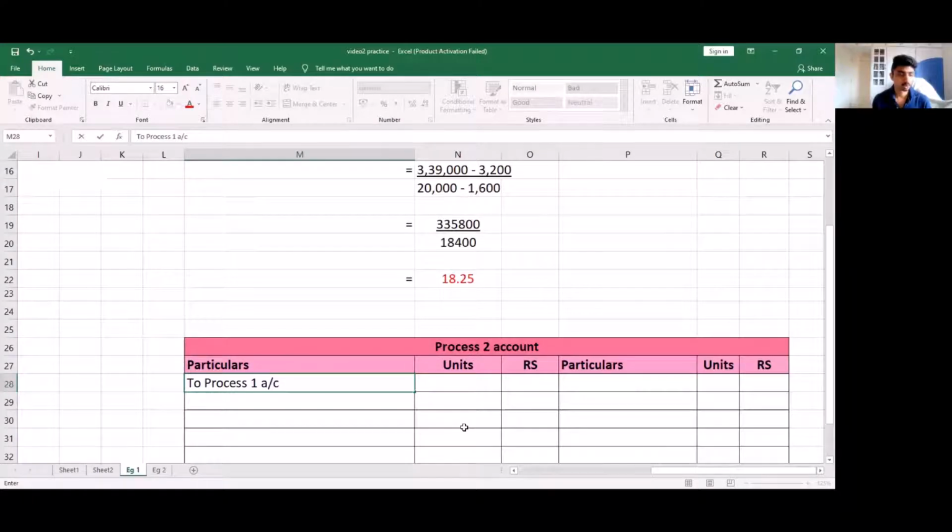Now going back to the question, we have direct materials for process 2, 40,000.